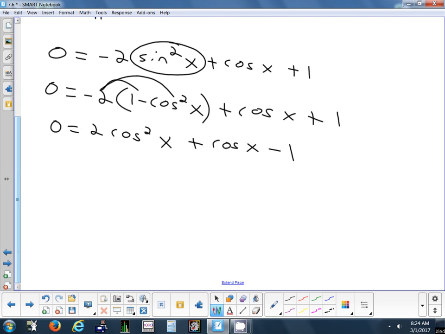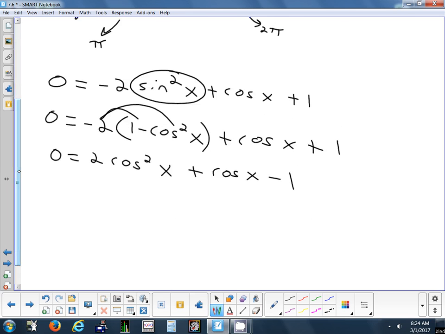Any question on that one? So sometimes when I'm trying to factor it, I look at it like this for a second and I ask myself, can you factor this? What do you think?